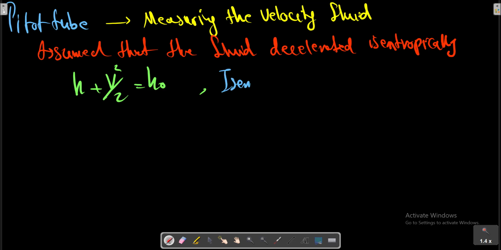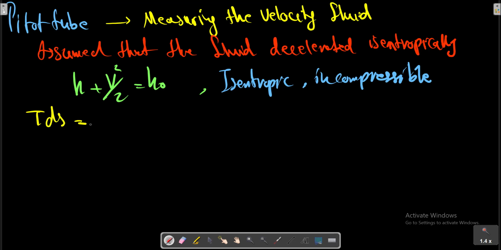Isentropic and incompressible. We can write this relation: T ds equals dh minus v dP, and V squared over 2.